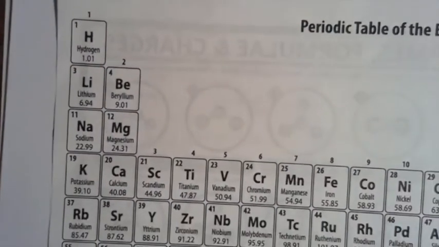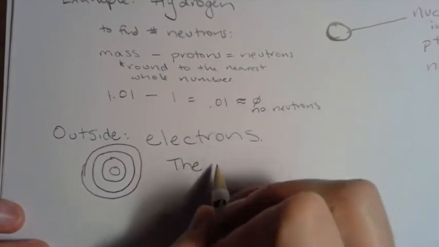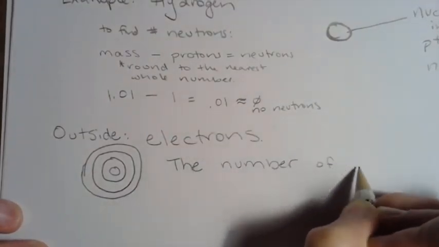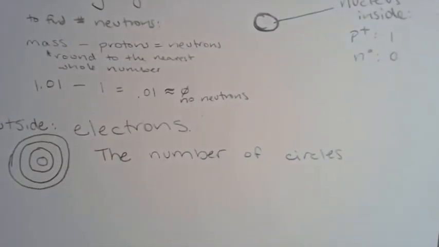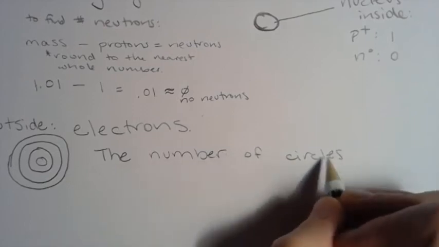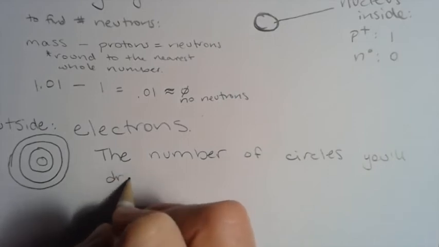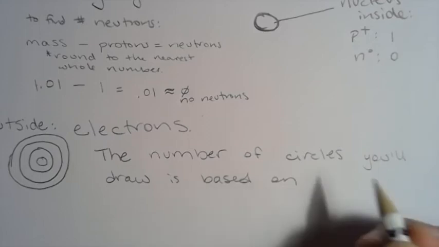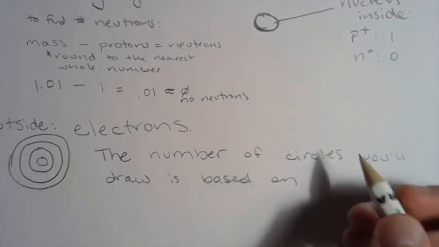So based on where your atom is, the number of circles you'll draw is based on where the element is on the periodic table.